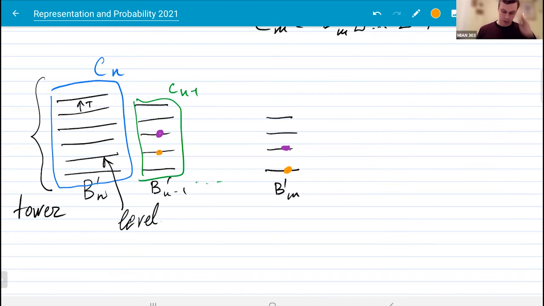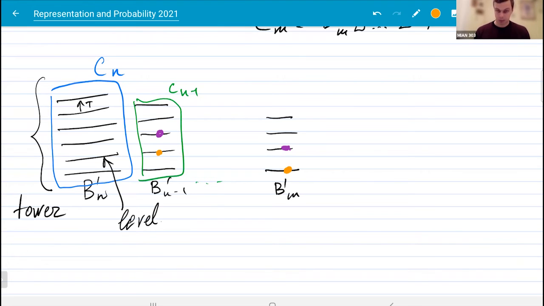So, for example, we can have the situation when the ground level of one tower intersects with some level in another one. Well, first of all, the situation as it is drawn now is impossible, because b prime m by definition is bm minus everything before, minus all the towers before.